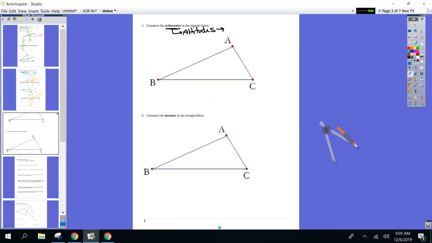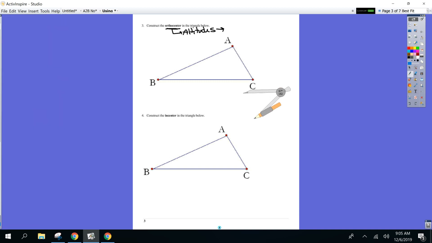So we're going to take our compass. We'll do A first because after A it gets a little nuts. I want to do this all together. I learned my lesson last class. So I go from point A, make an arc that intersects twice. Have to get it at just the right opening.